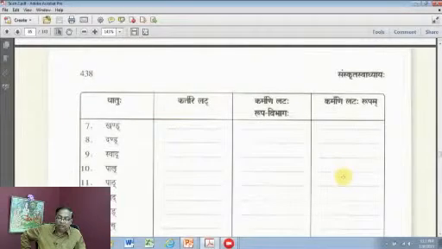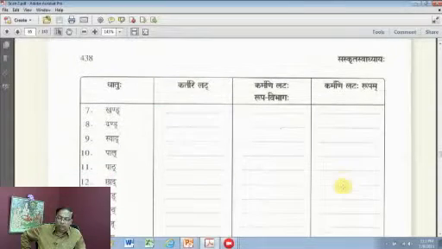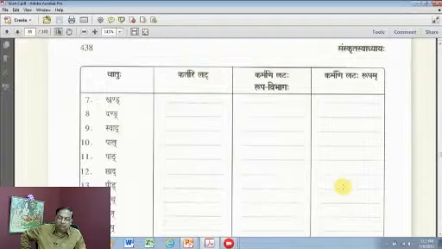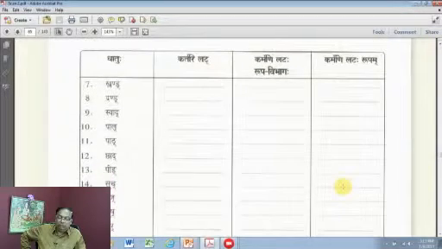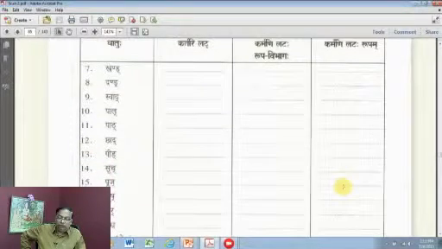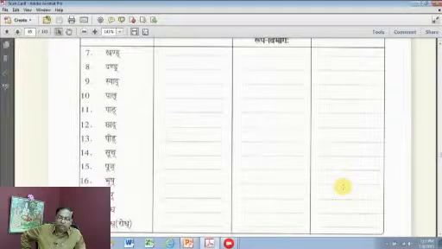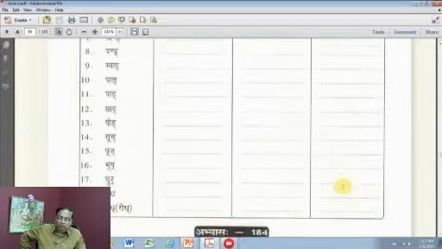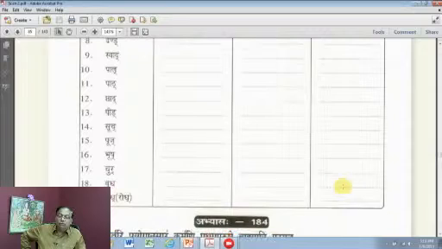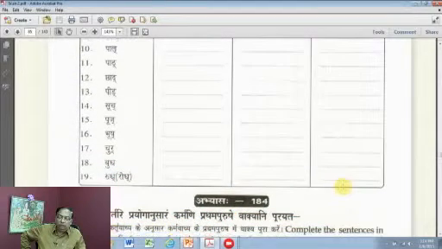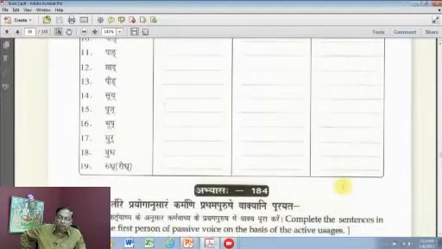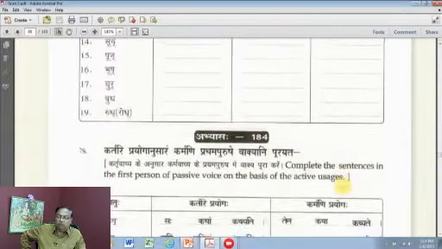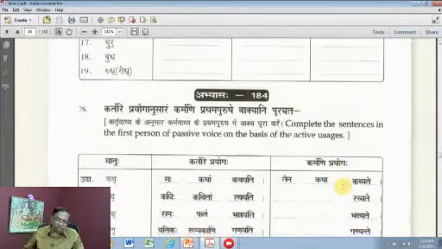Swadyate is tasted. Palyate is protected. Pathyate is taught. Chadyate is covered. Peedyate is troubled. Suchyate is informed. Pujyate is worshipped, respected. Bhushyate is decorated. Choryate is stolen. Bodhyate is taught. Rodhyate is stopped or obstructed. So these are the senses.